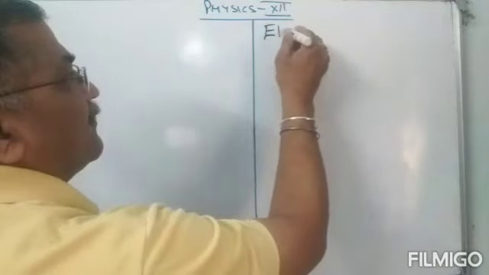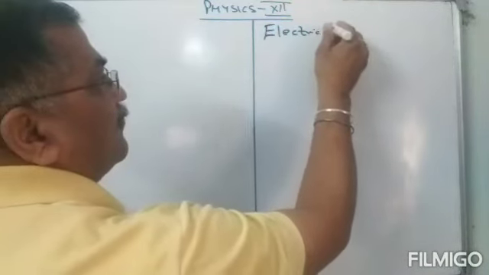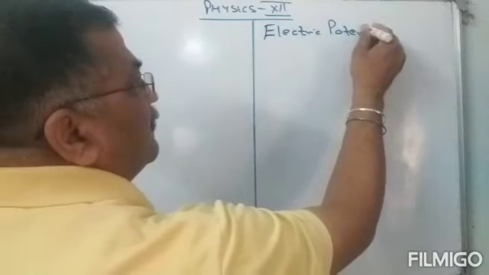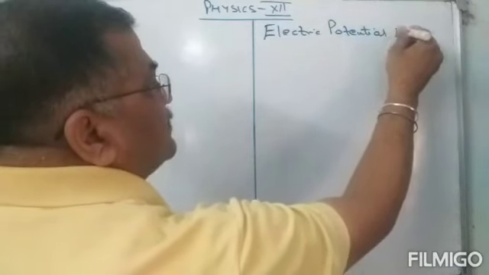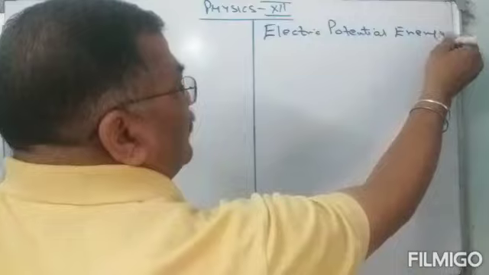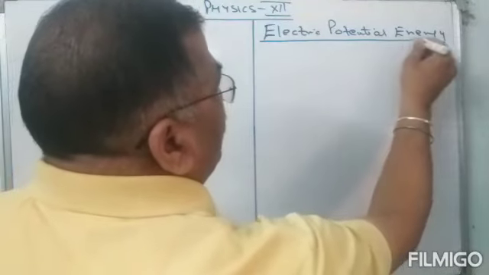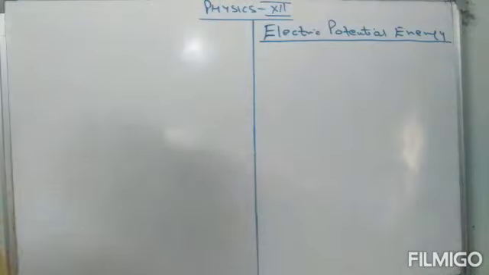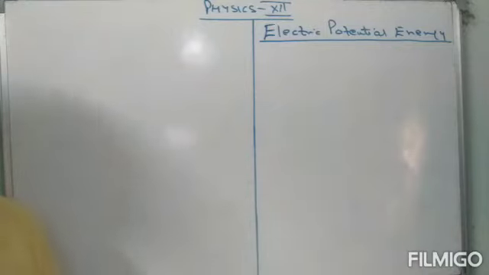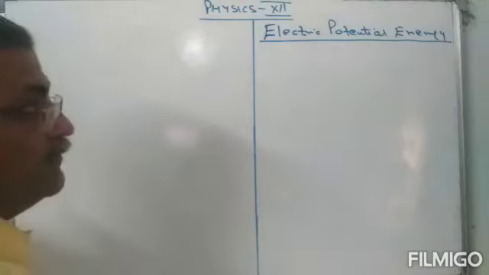So, electric potential energy. What is electric potential energy? When a test charge is moved in an electric field from one point to another against the force exerted on it by the field, the work done by some external agent moving the charge is acquired by the charge as potential energy.